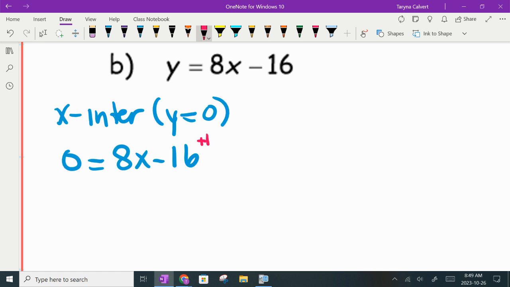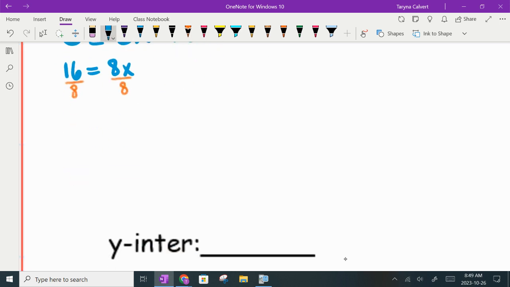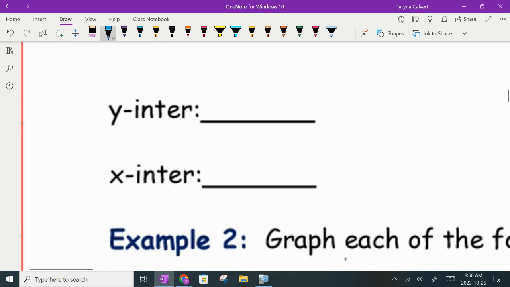So we're trying to get x by itself. So you'll be tested on your algebra skills here, your basic ones. Then we'll divide both sides by 8. So it looks like our x-intercept is 2. So we'll throw that one here.